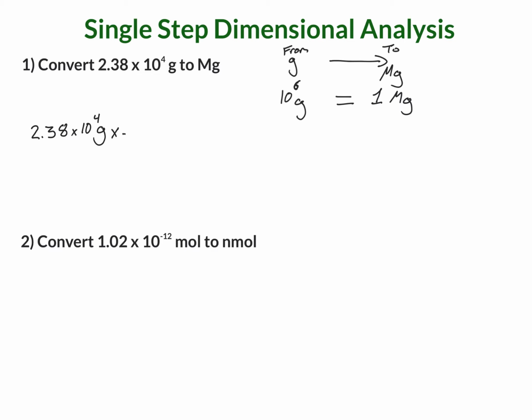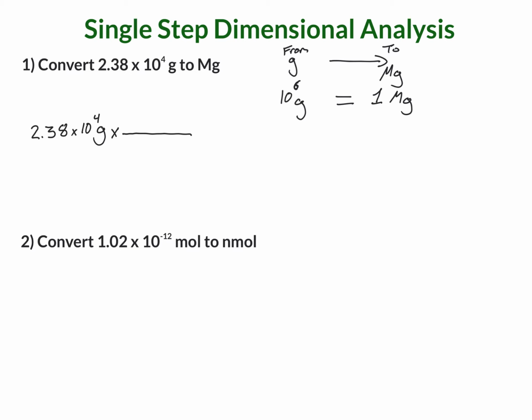So we write our multiplication sign and then the line for a fraction, because all dimensional analysis is multiplying by fractions. And it's not just any fraction, it's actually a fraction that has a value of 1, right? Because our conversion factors are really just equalities that have values of 1, right? That's what we learned. Now, since they have values of 1, and we want to make sure that essentially what we're doing is multiplying by 1, we have to make sure our units cancel out.